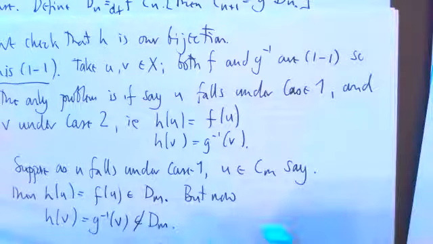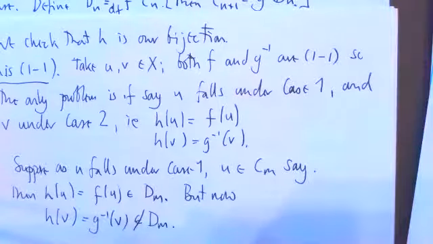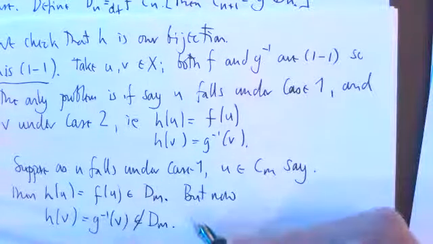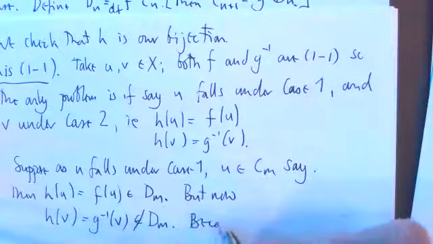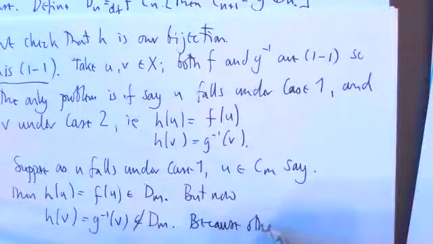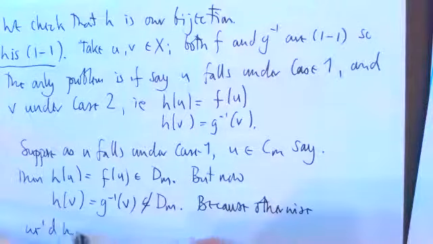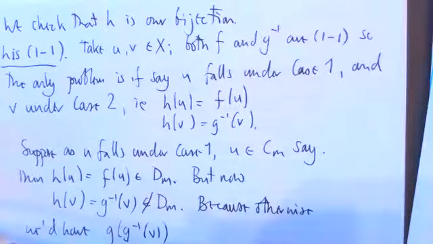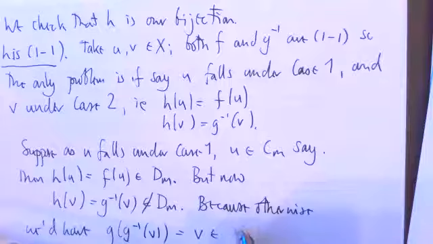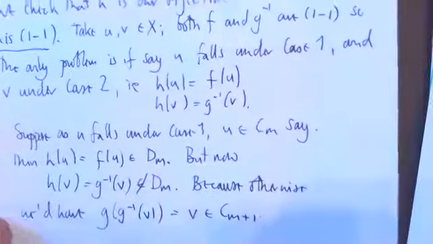Because otherwise, we'd have g of g to the minus 1 of v here, and this is just v, is in Cm plus 1.